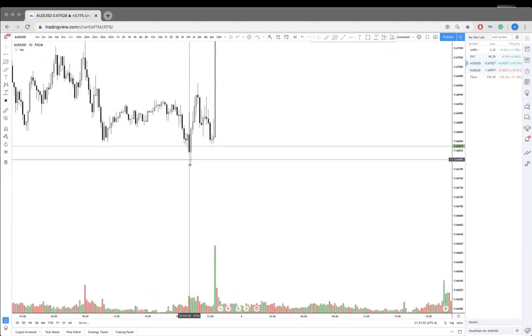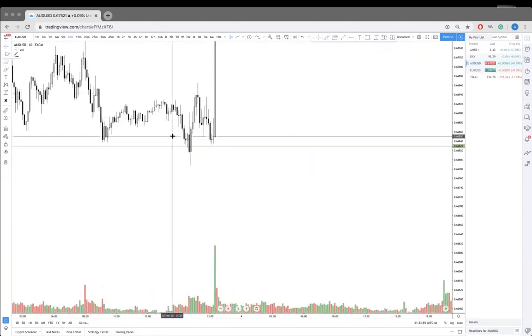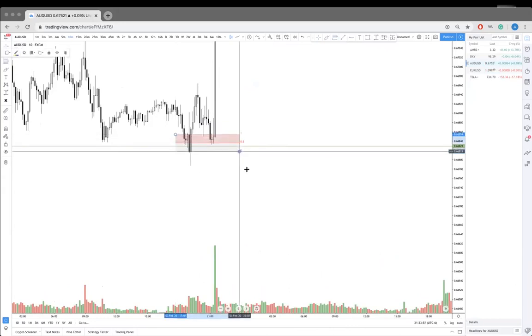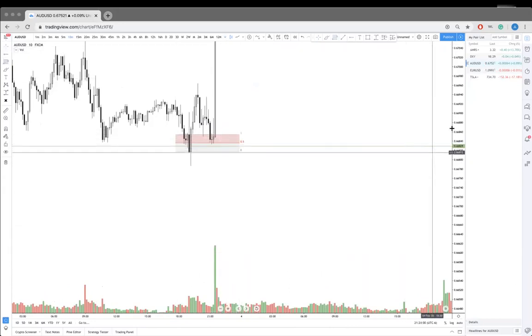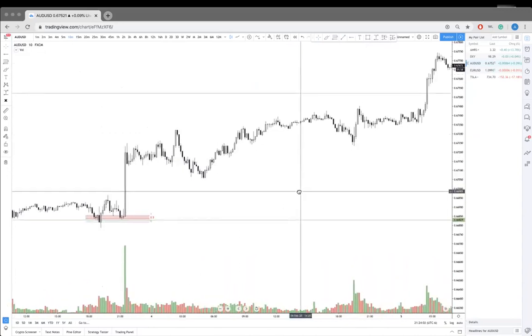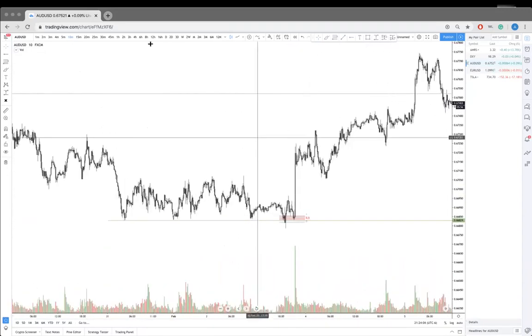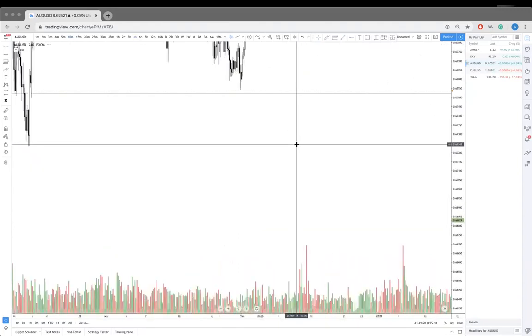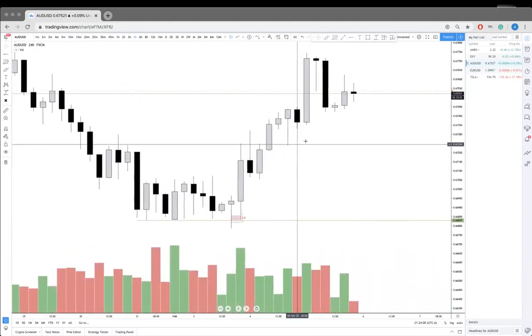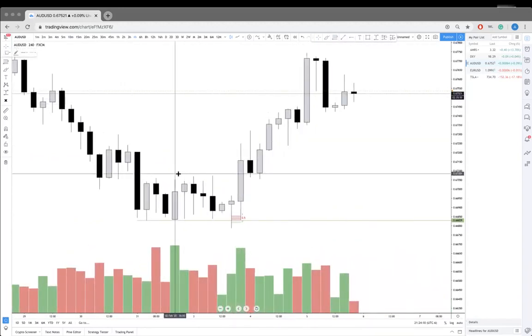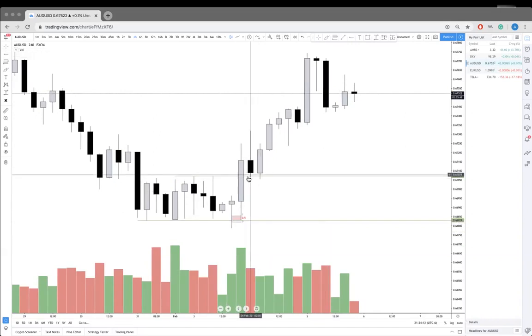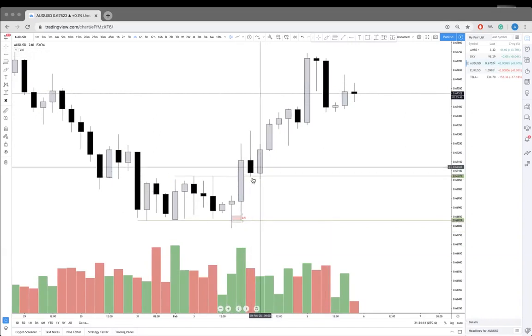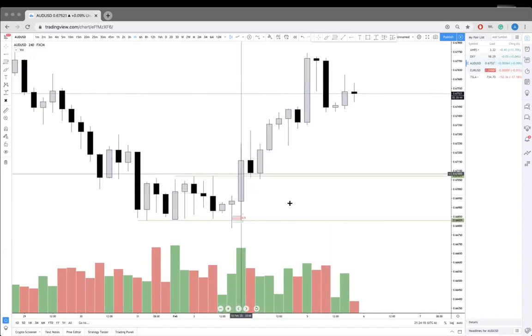Then the liquidity is taken and then mitigated 50% to the T and then rocket. And then your reentry would have been that 4-hour inefficiency fill right there. Inefficient pricing. I didn't even look at that, so I'm not going to bother with that. But I'm pretty sure you guys could have gotten a good entry off of that.